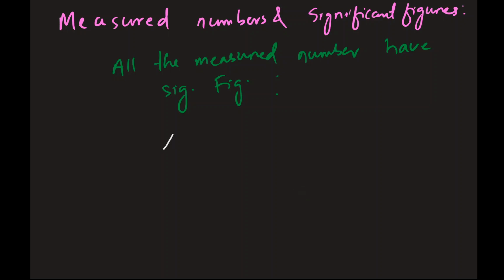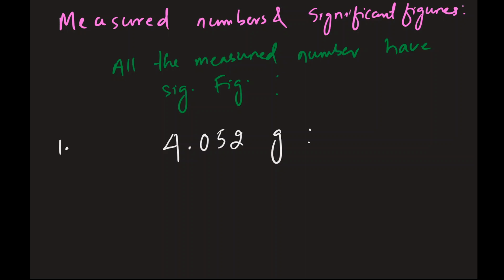Let's say the random number is 4.052 grams, right? How many sig figs does this number have? I'm just going to do examples, and then you will follow the rules in accordance with the examples.